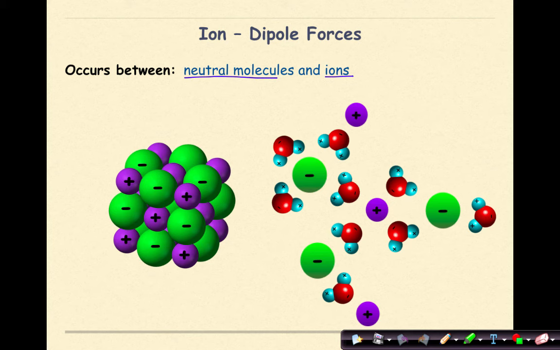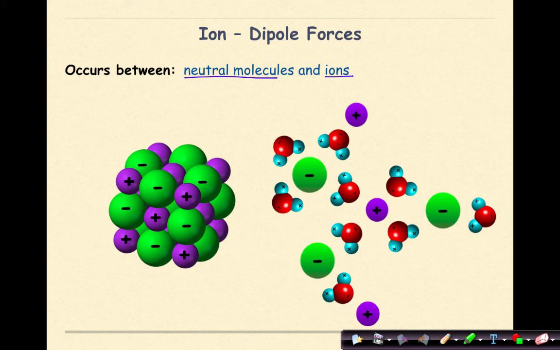Then I have water molecules coming in to attack that sodium chloride compound, and each water molecule will surround a negatively charged chloride ion so that the positive part of the water molecules, the hydrogens, which are slightly positive, are facing inward. Meanwhile, the sodium ion, represented as these purple spheres right here, is a positively charged ion. Therefore, the oxygen, which has a slightly negative charge, will be facing inward.